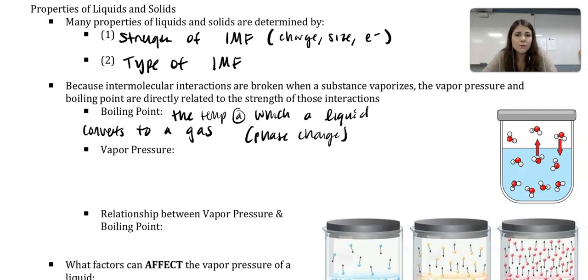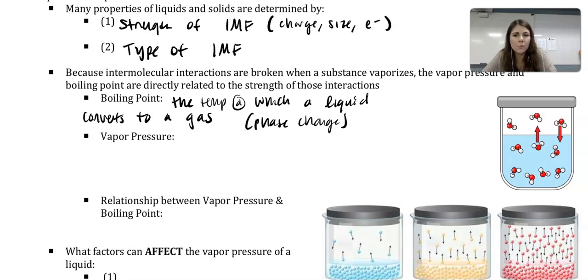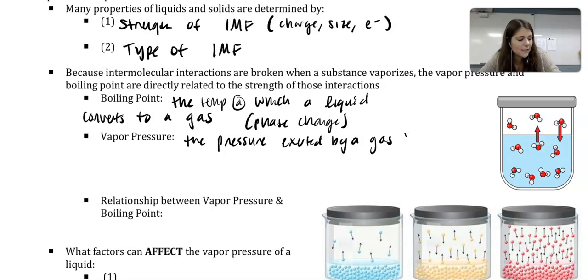Now, vapor pressure is going to be a new word that we probably haven't heard before. This is the pressure exerted by a gas, and we say this gas is in equilibrium. We haven't gotten to our equilibrium unit yet, but all that means is that the gas and the liquid are going to be in this back and forth relationship in a closed system, a closed container.